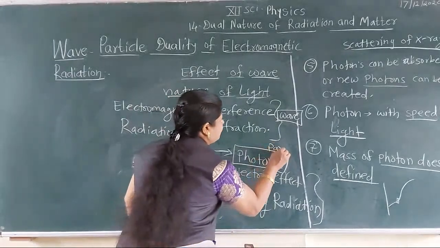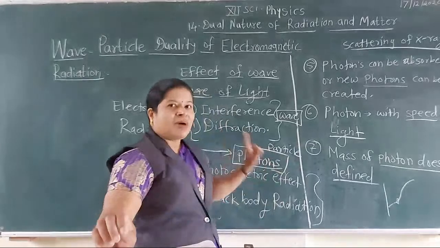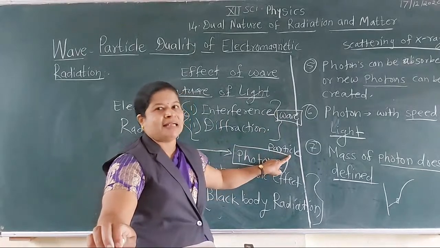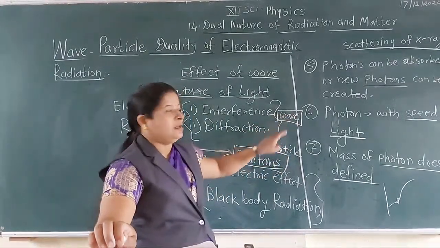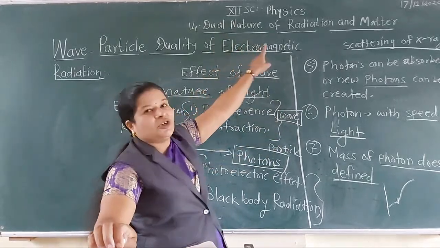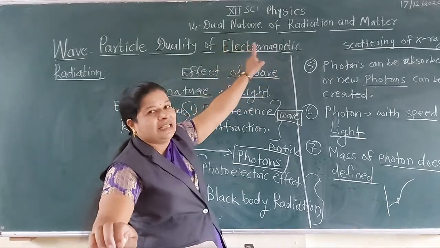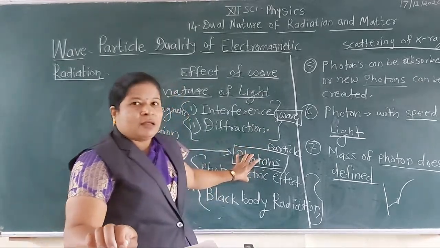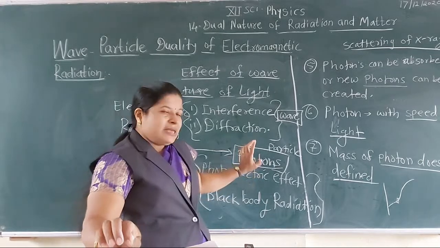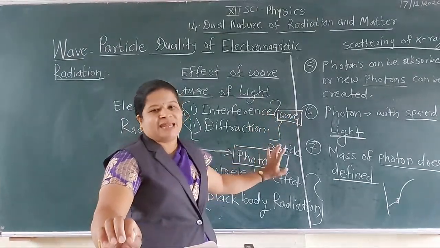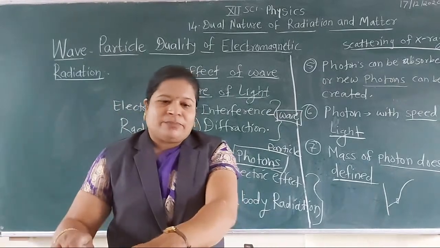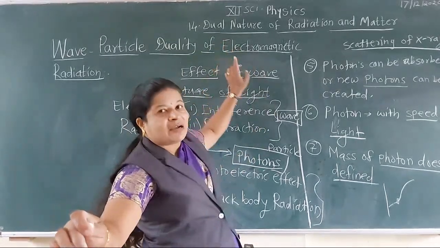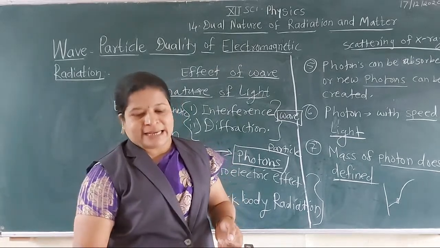Photons, that means particle. One form is observed as wave, and also as particle. That means dual. So the chapter name is Dual Nature of Radiation. So the phenomenon is termed as wave particle duality of electromagnetic radiation.